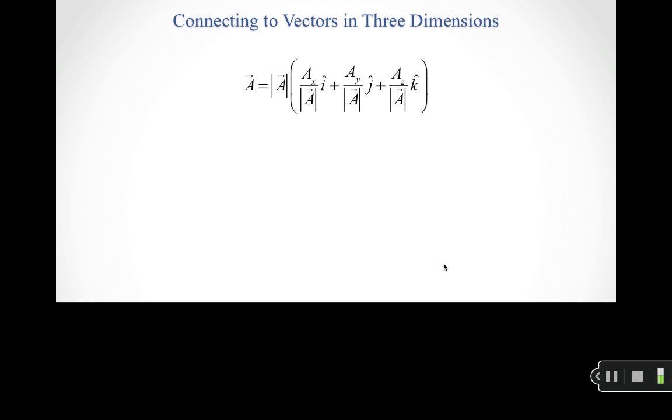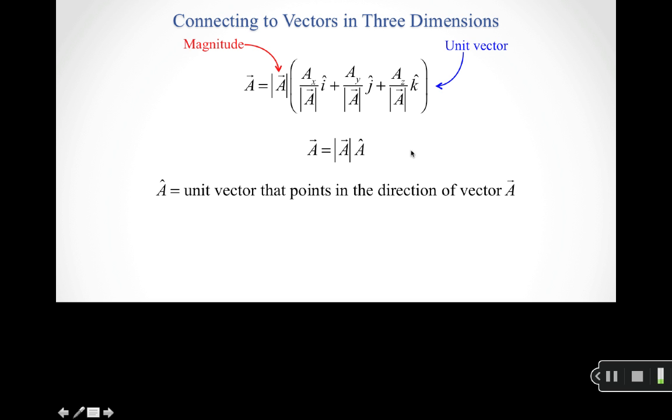So I can think about the way that I'm writing vector A. When I write it in this form, it seems initially really clunky, but there's something particularly useful about it, because basically what it says is there are two parts here. Vector A is a magnitude times a unit vector. And so we can write it this way.